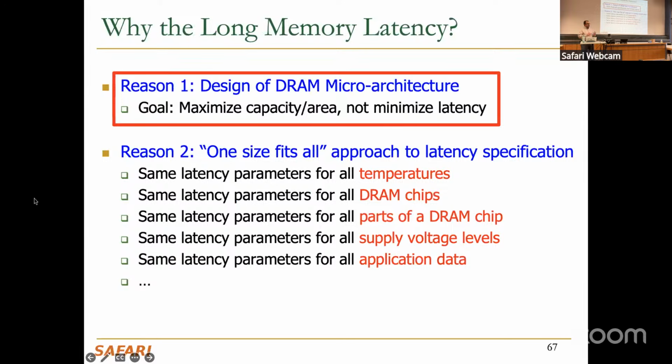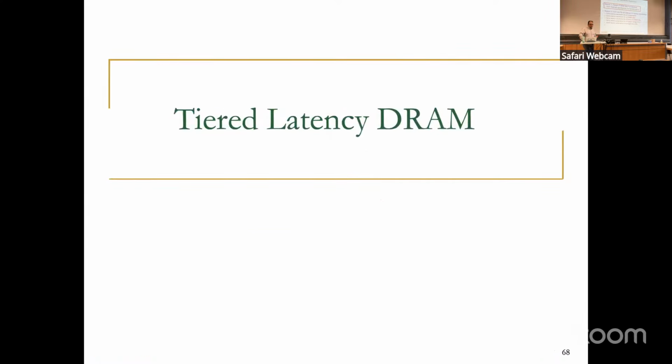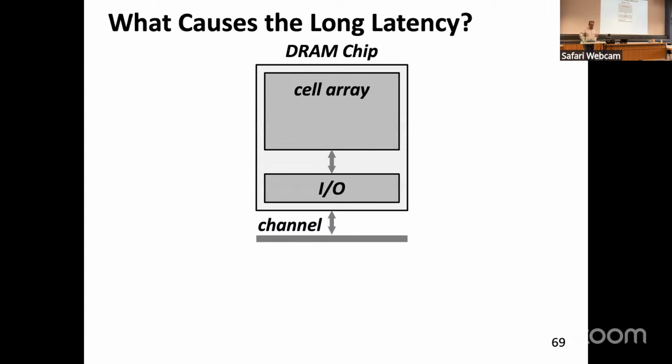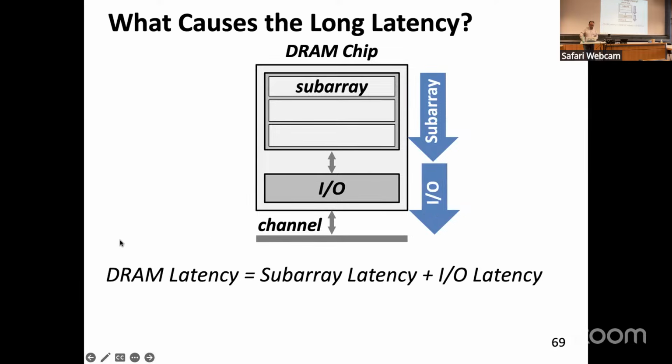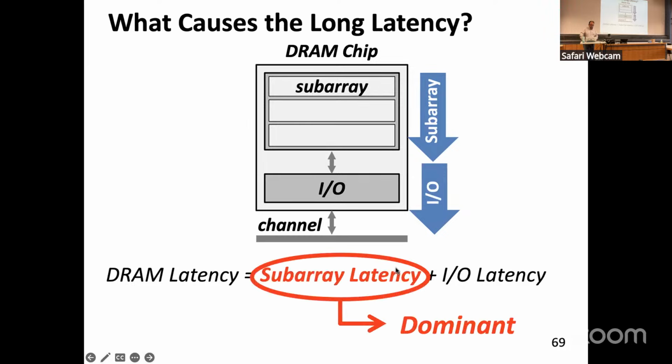Okay, so now that we know a little bit about DRAM microarchitecture, we can start focusing on reason 1 and try to improve the performance. The first work I'm going to discuss, the first idea, is Tiered-Latency DRAM. One of the reasons that we have long latency is that in a bank we have several subarrays, and the latency comes from the subarray latency plus I/O latency.